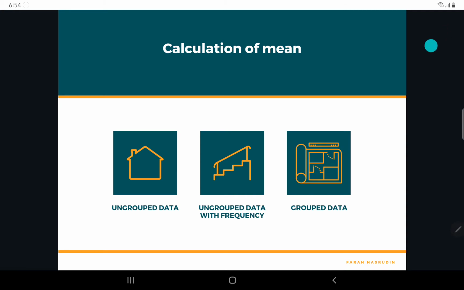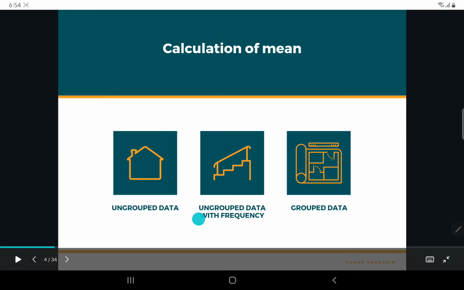There are different formulas for us to calculate the value of mean. Okay, it depends on the case, whether the data is ungrouped data, ungrouped data with frequency, or grouped data.